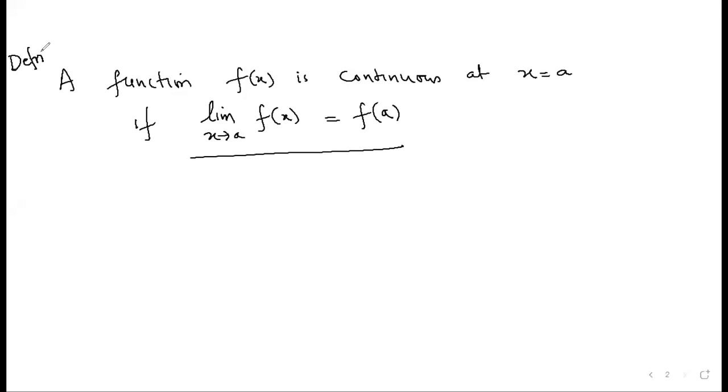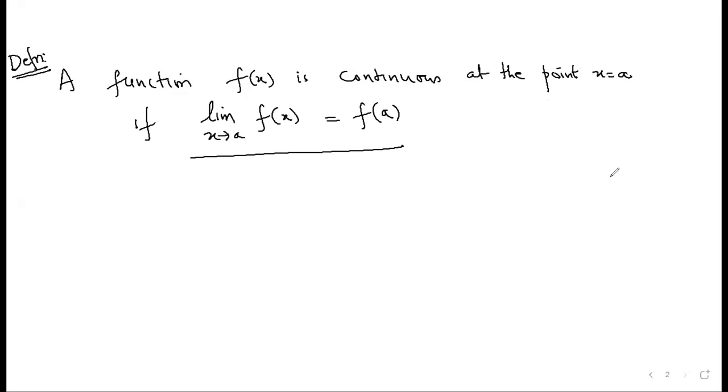Yes, sir. A function f of x is continuous at x equal to a, at the point x equal to a. Only the x coordinate defines a point. You know it, no?